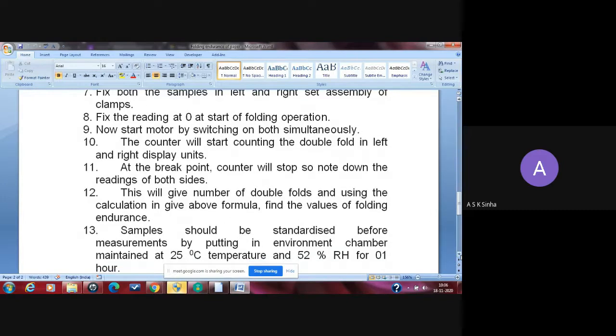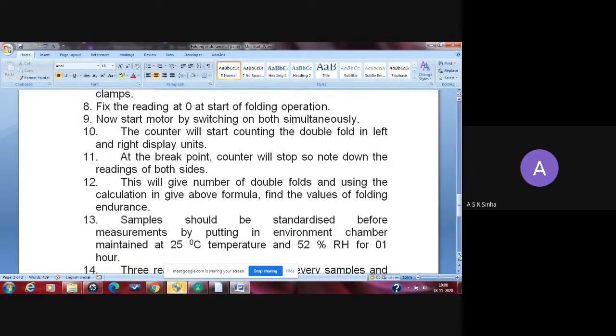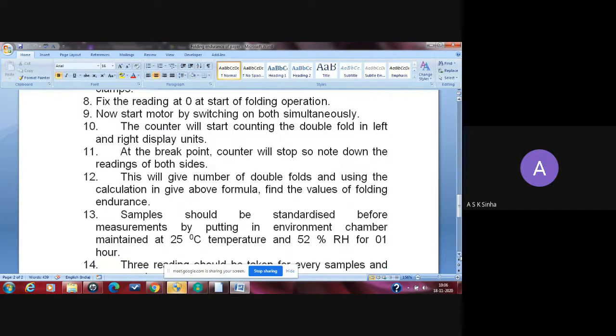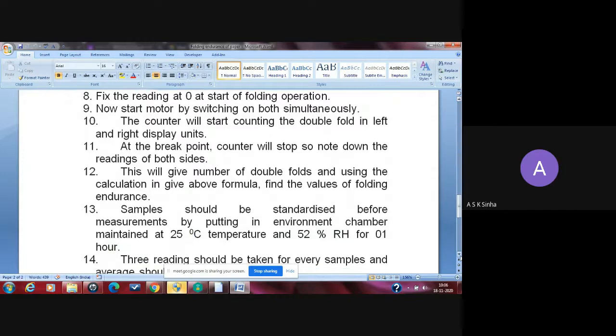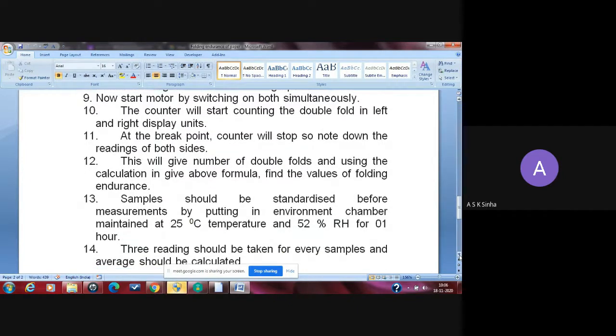Then set the reading to 0 at the start of the folding operation. Generally, we have a digital meter here. So first of all, put the reading at 0, and we start the test.